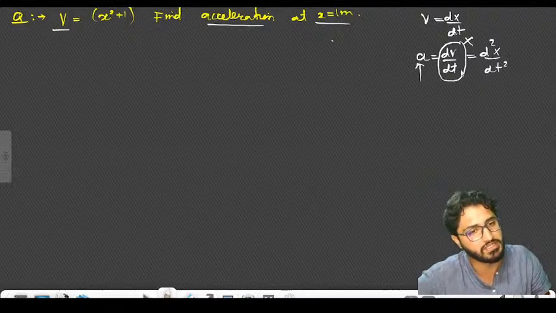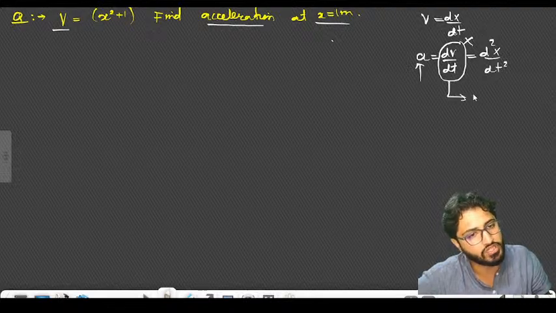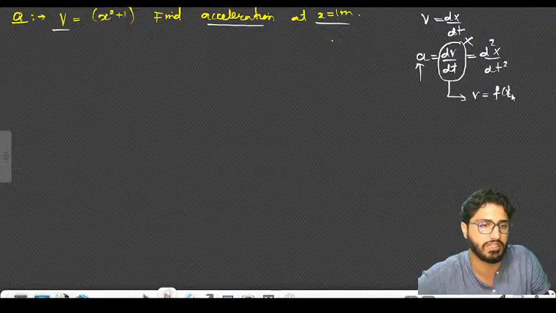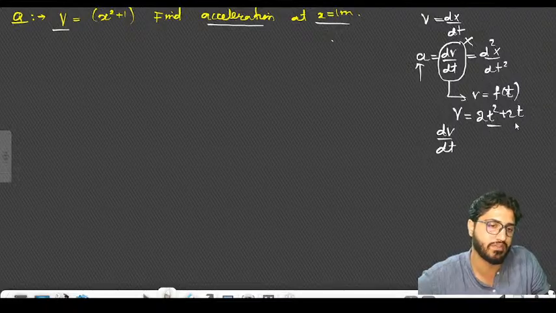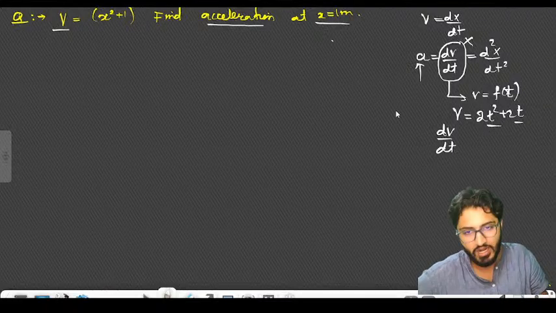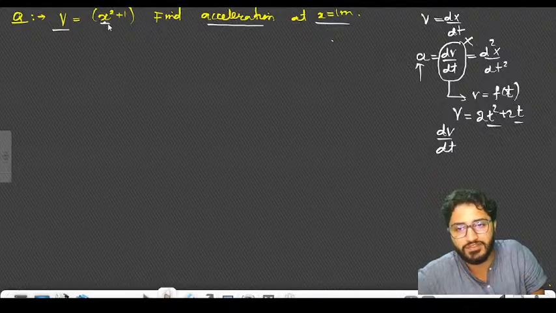The reason being is, look, here the velocity should be function of t. That means velocity, let's suppose it is 2t square plus 2t. So you can write dv by dt only if t is present. Now you can see here t is not present, x is present.